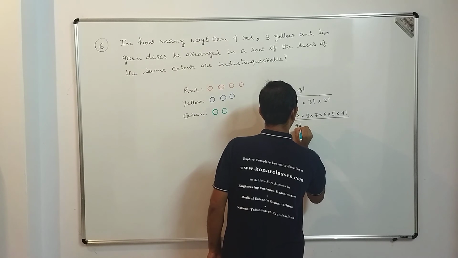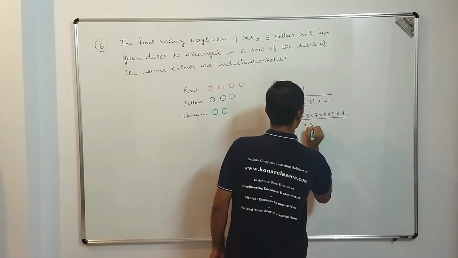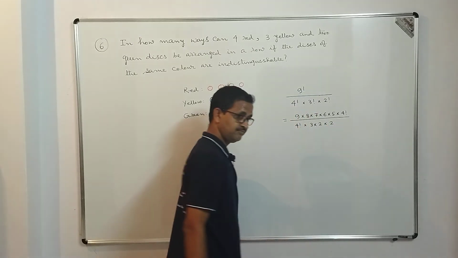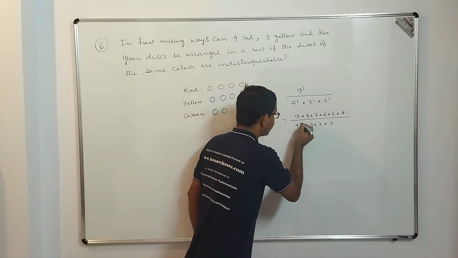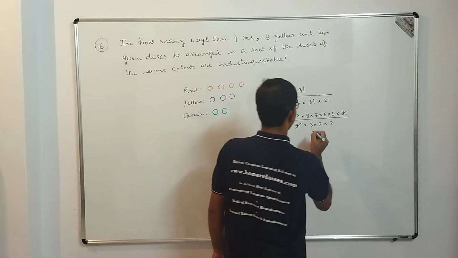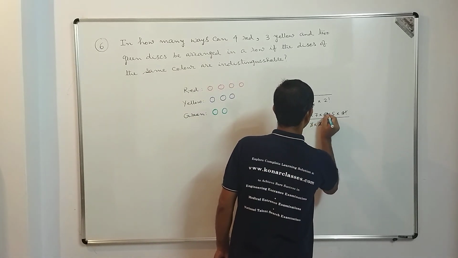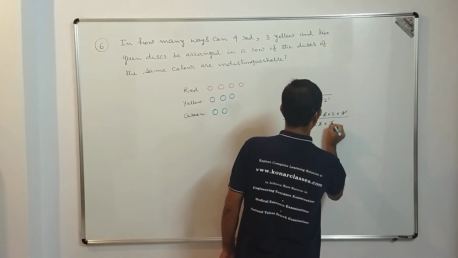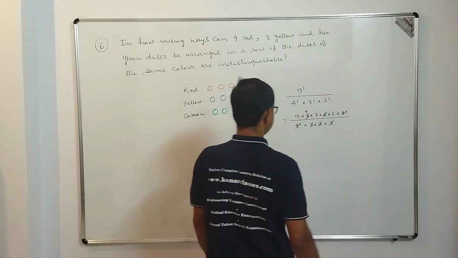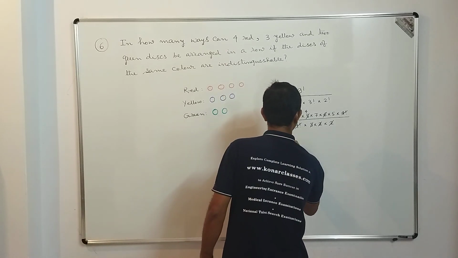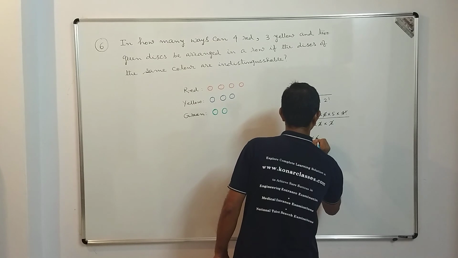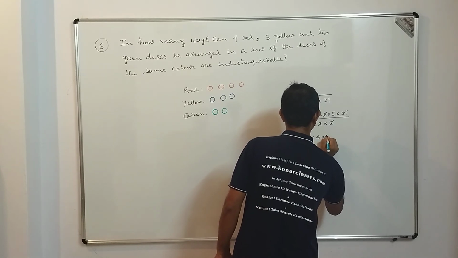Because the 4 factorial in the numerator will get cancelled with the 4 factorial in the denominator. Then the 3 and 2 get cancelled with 6, and the remaining 2 gets cancelled with 4. So what we get is the number 9 into 7 into 4 into 5.